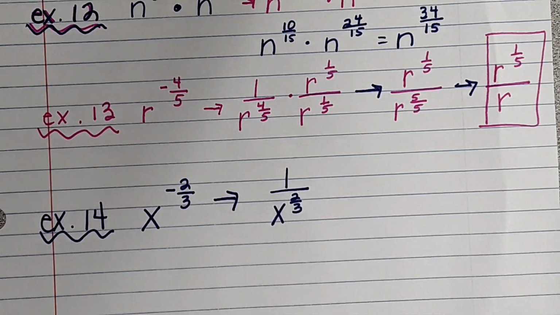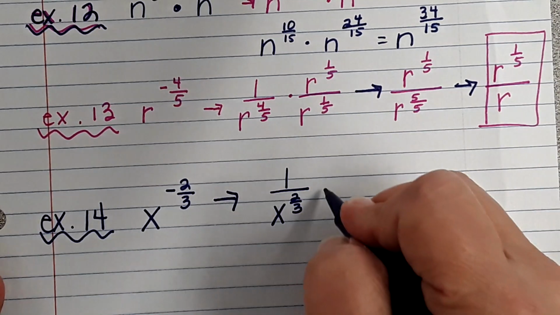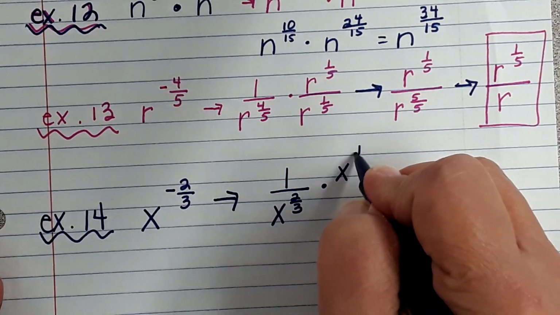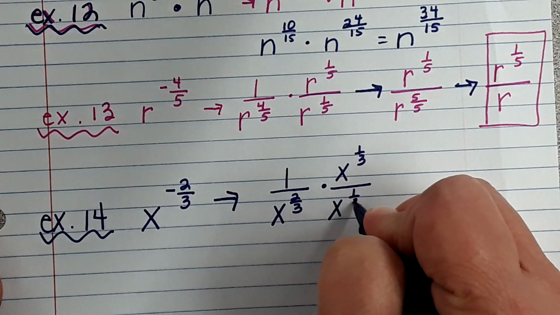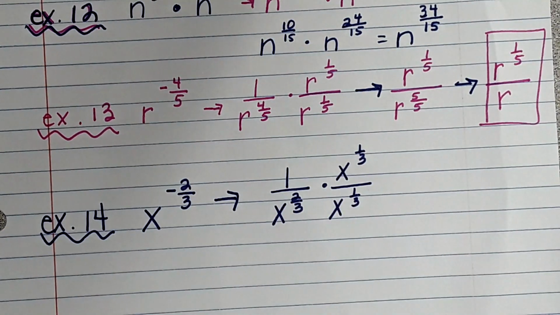Now, I have to decide what to multiply by so that I can get a numerator of 3. 1/3. So I'm going to multiply x to the 1/3 over x to the 1/3. Remember, you're just trying to get the numerator and the denominator to be the same.